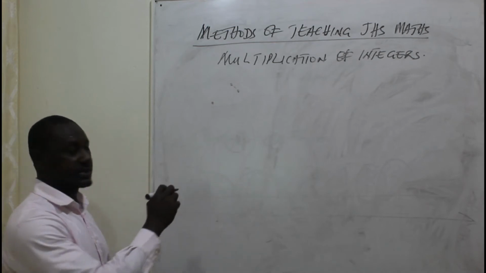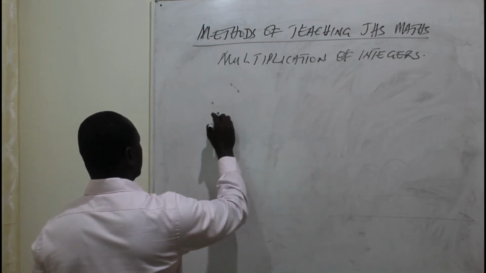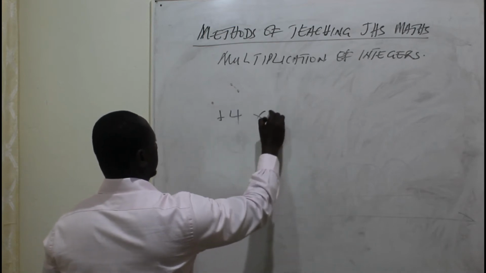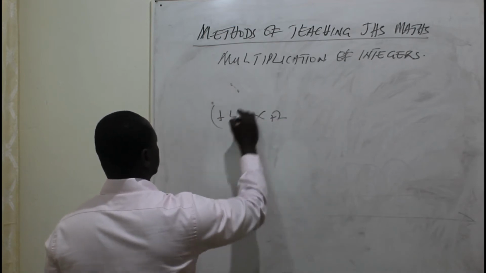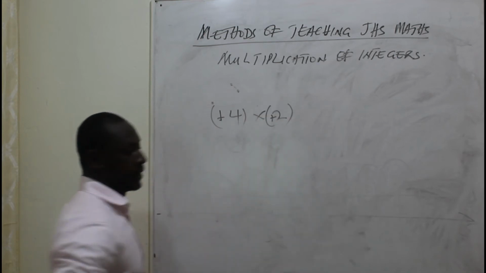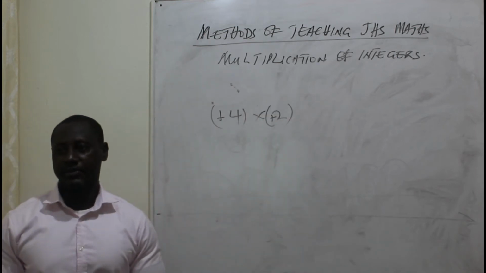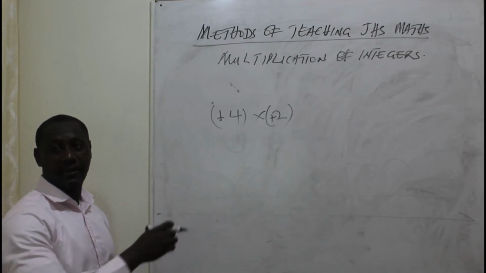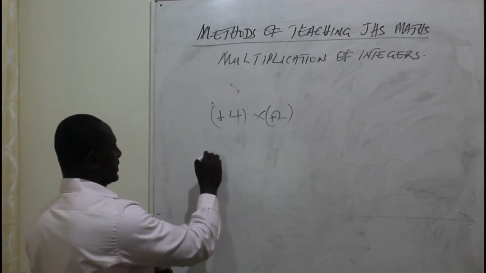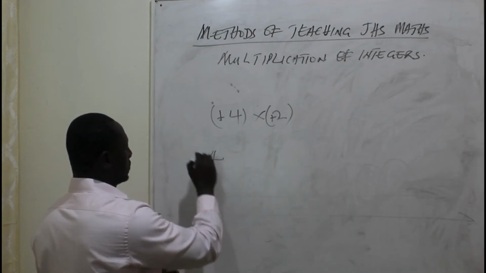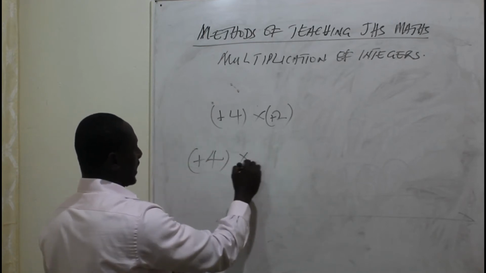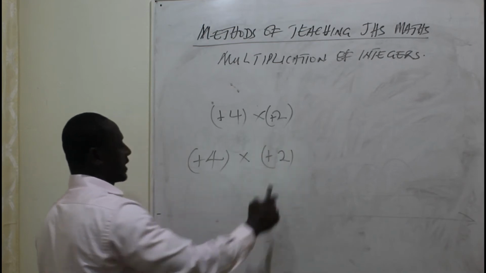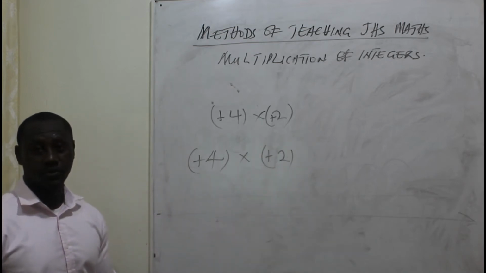Let's take, for instance, I want to do positive 4 times positive 2. I can begin by using this particular pattern. So I can start by making it, say, positive 4 times positive 2.